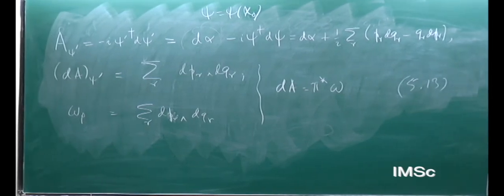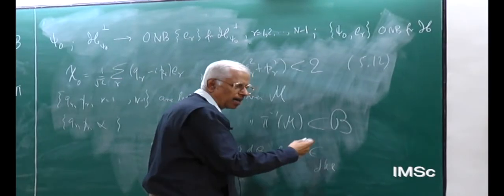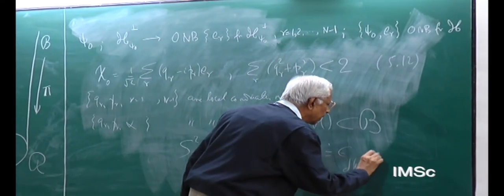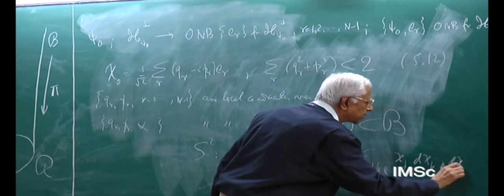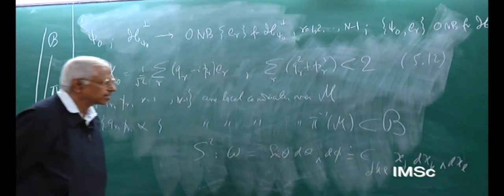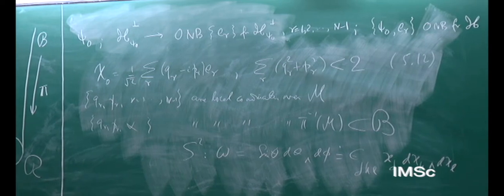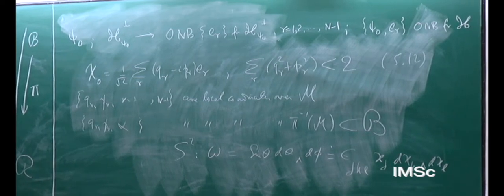There's another simpler way to see that. Apart from a numerical factor, apart from half or something like that, it is x_j dx_k wedge dx_l, where x1, x2, x3 are the Cartesian coordinates of a point on S2. So they are not independent. x1 squared plus x2 squared plus x3 squared is unity.